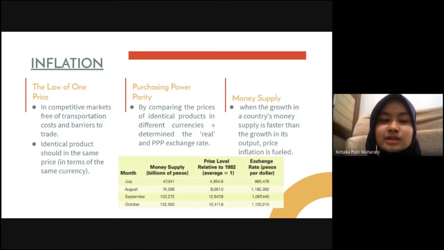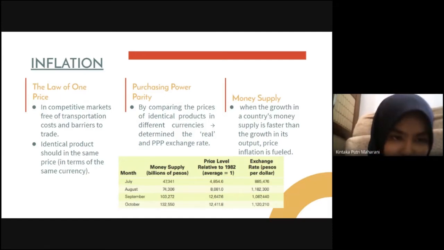For example, this table shows what happened in Bolivia in the mid 1980s. We can see that in July, the money supply is at 47,000 and so on, and then the price level is at 4,000 and so on, and then the exchange rate is at 885.